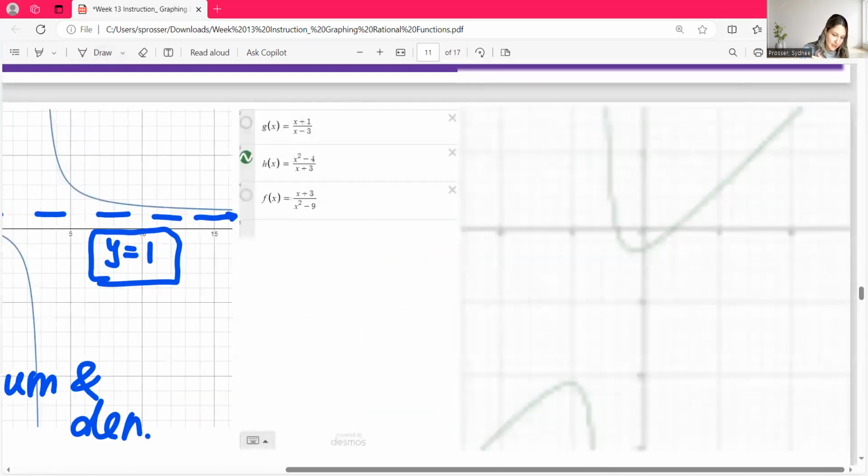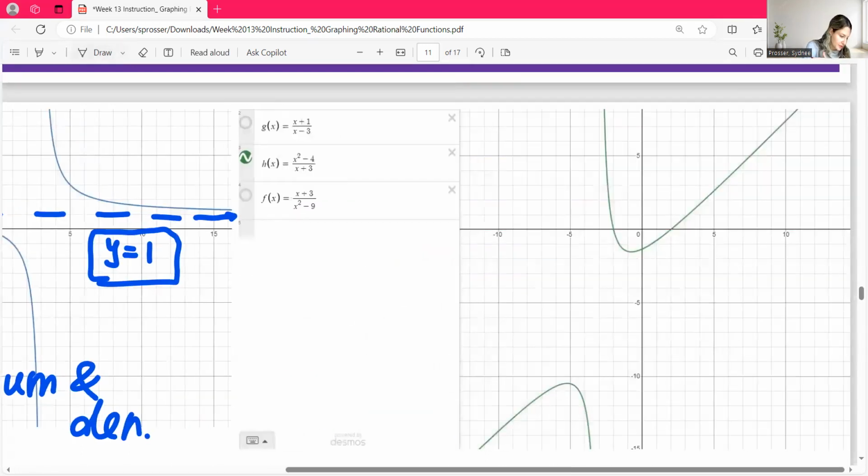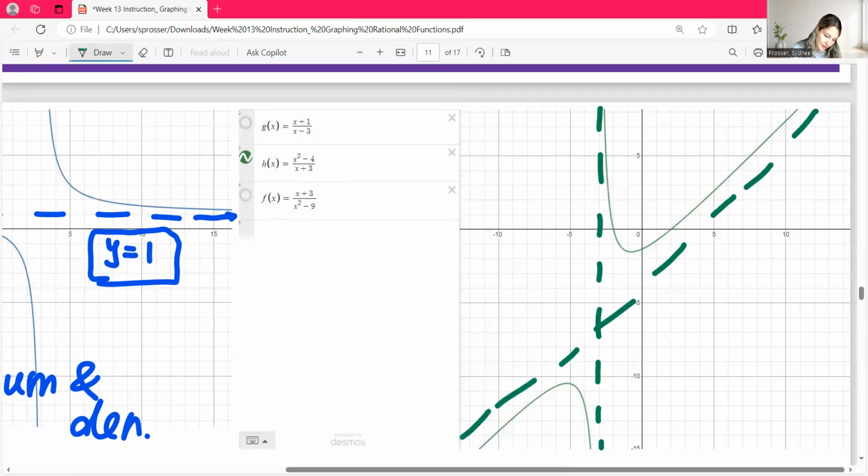Let's look at our second example here. Now we've got this green function, and again, we can look at this right away and try to find a horizontal asymptote. It doesn't seem like there is one. We've got a vertical asymptote right here, and it might even appear that we've got a slant asymptote, but it doesn't seem like we have a horizontal asymptote.